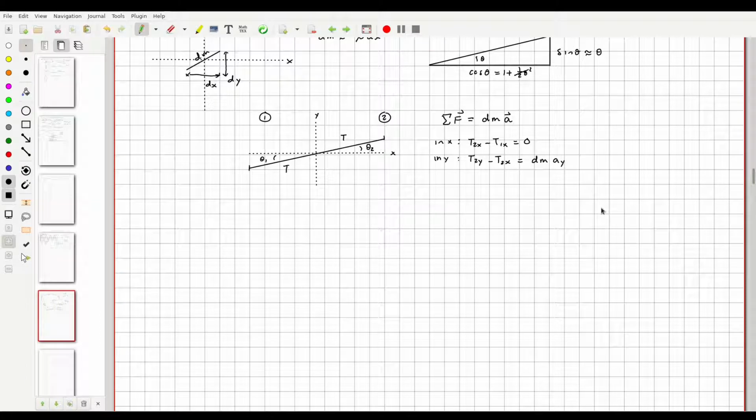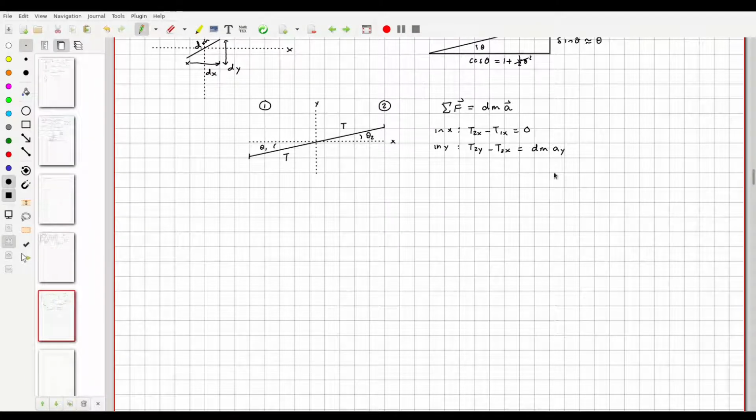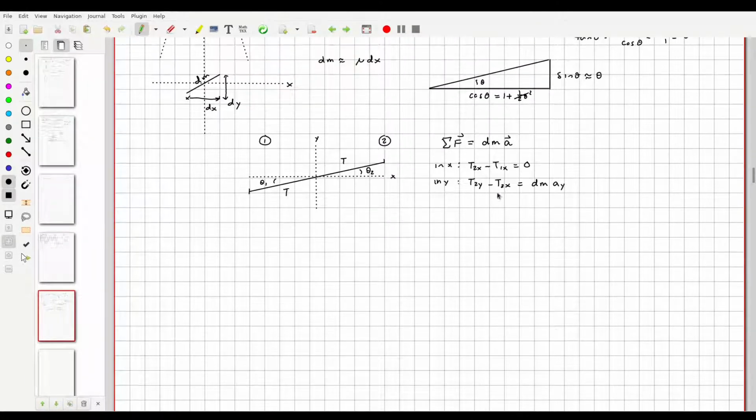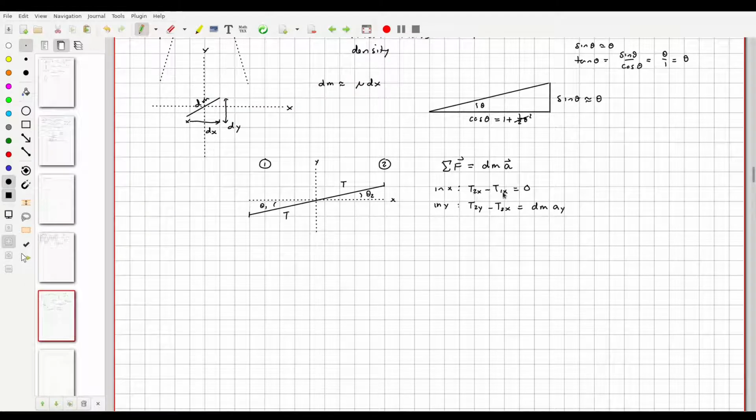Okay. So that said, let's talk about what T2x, T1x, T2y, and T1y look like. Actually, it should be T1y. I don't know how that happened. I think I was just looking at the top. Sorry about that. There we go.